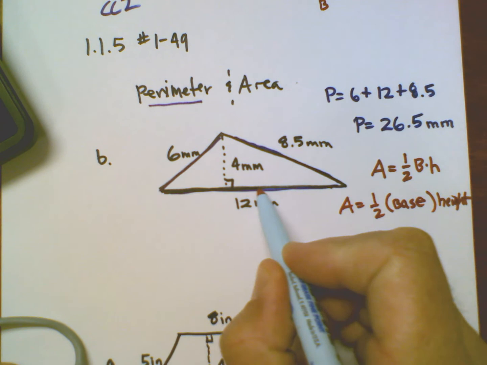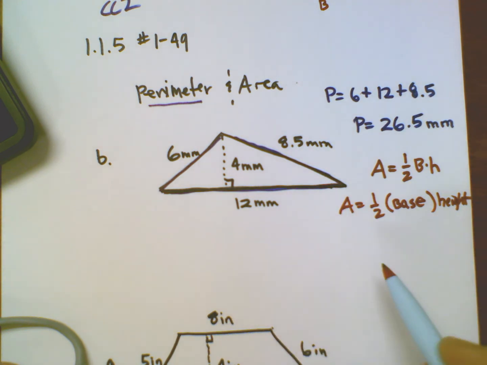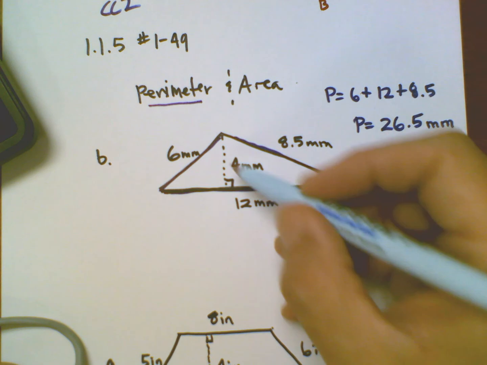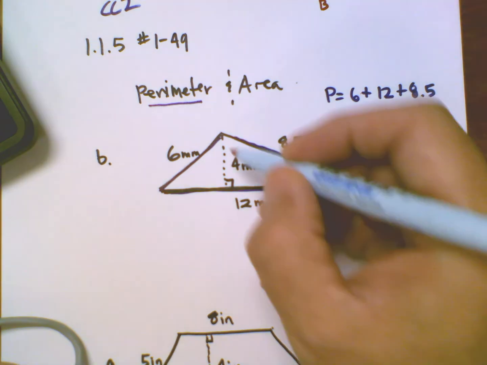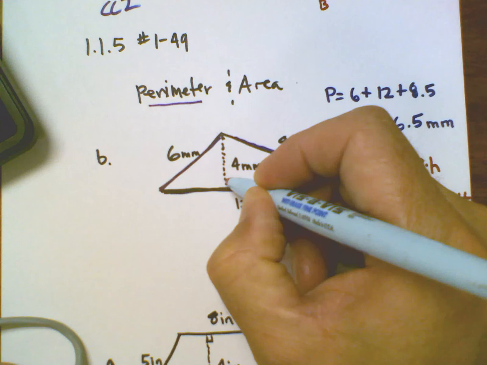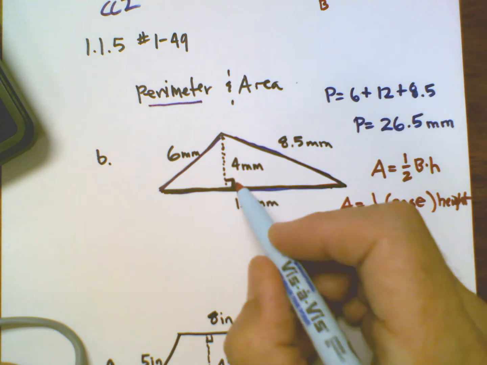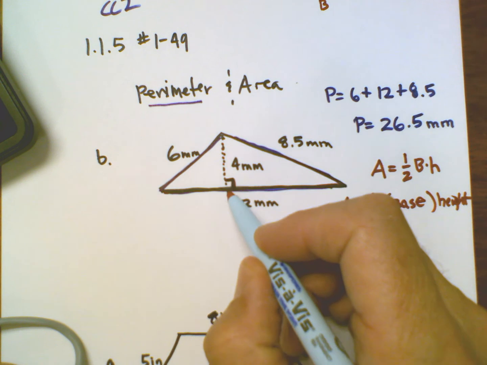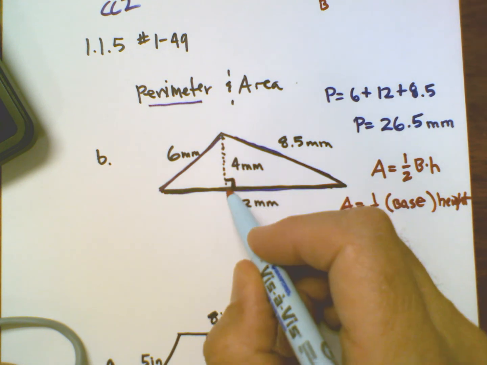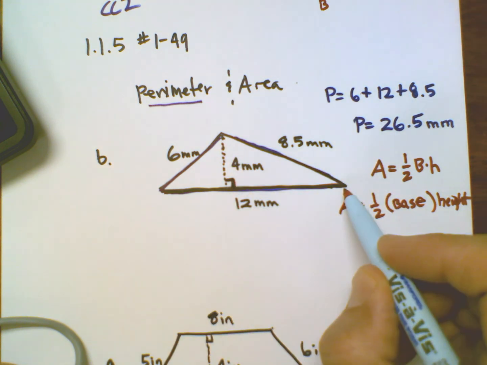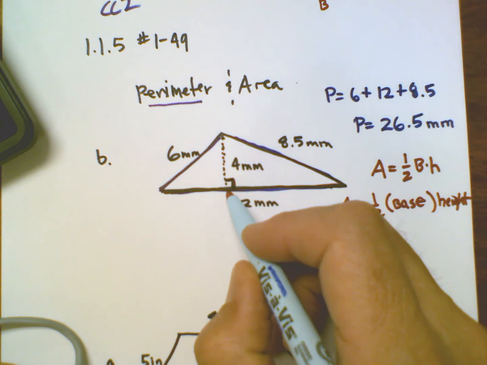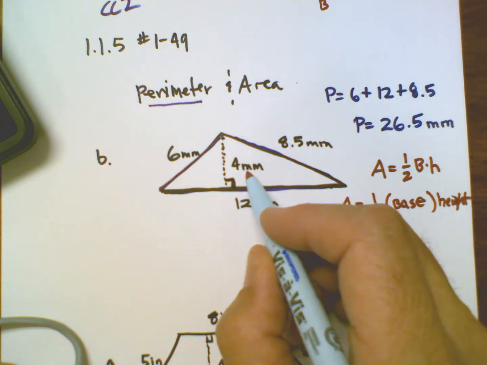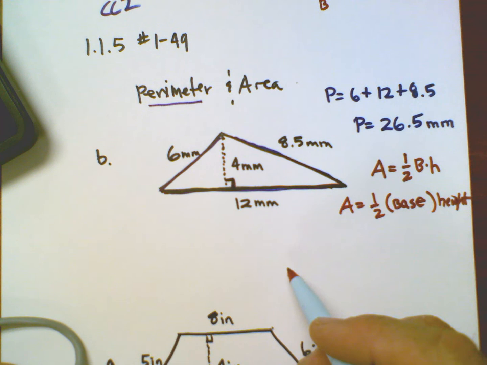You can pick any side of the triangle and call it base, but specifically the height has to be lined up with the base. So this right here, when you see this little box, that means 90 degrees. So that means this is the height. It's a perpendicular line to the base. So that being the perpendicular line to the base, that one's the height, that one's the base.